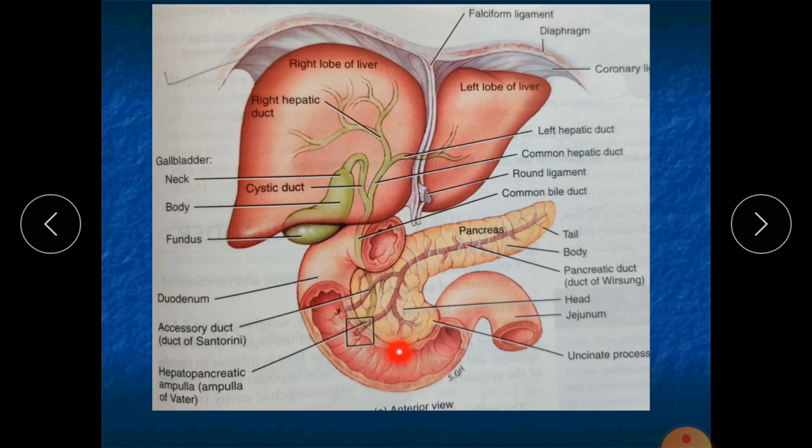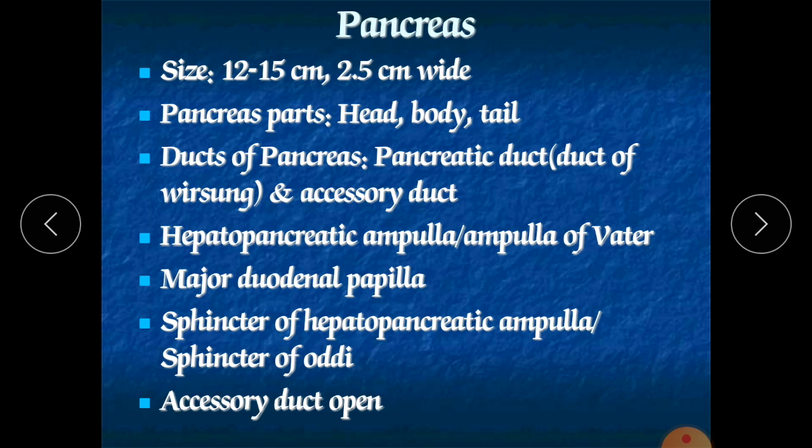That voluntary muscle produces the sphincter. It is the gateway of this ampulla, which allows the secretion of this ampulla into the duodenum. So it is the major duodenal papilla.